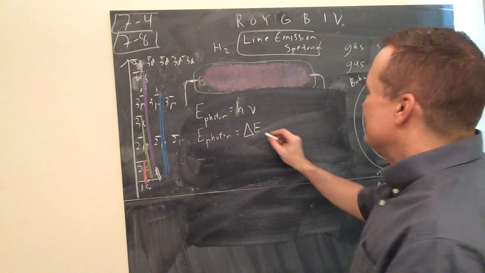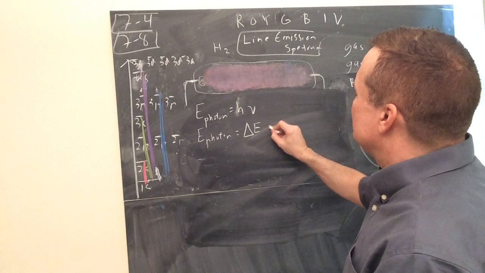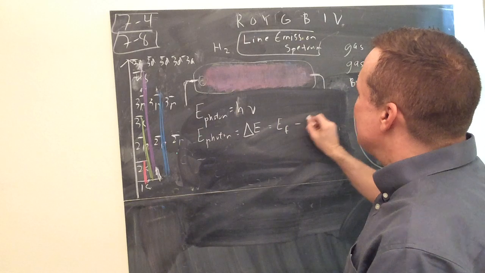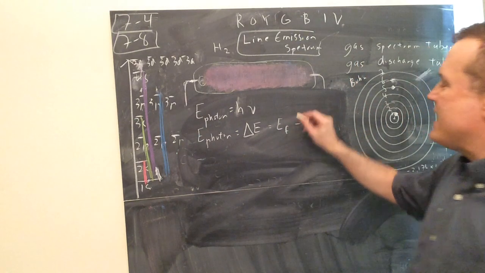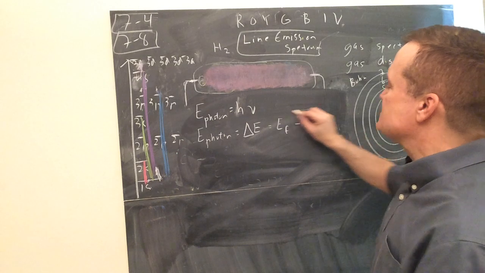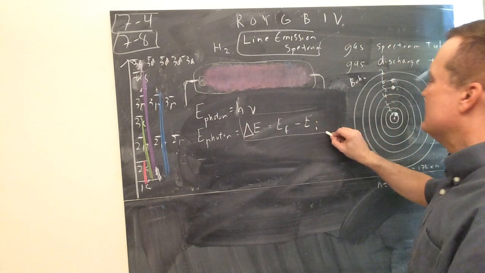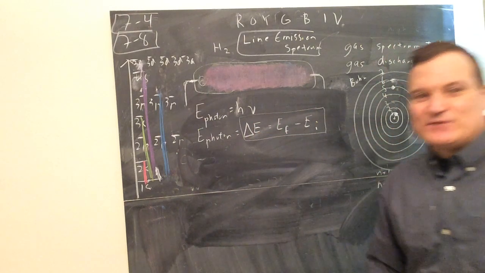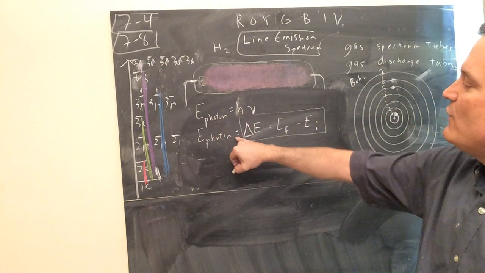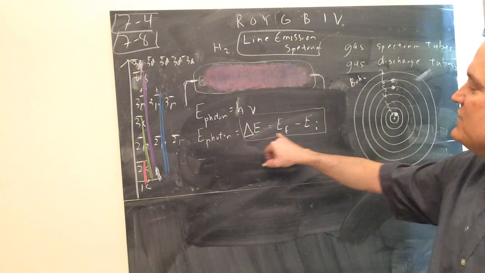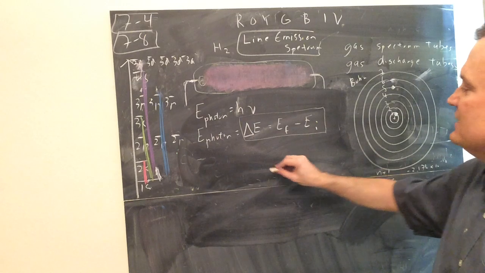So the change in energy will be equal to E final minus E initial. This is an equation that's not given, and this question is not even given on the AP. I will give them to you, especially for general chemistry. So what is the energy of the photon? Well, it will equal the change in energy, which is E final minus E initial.